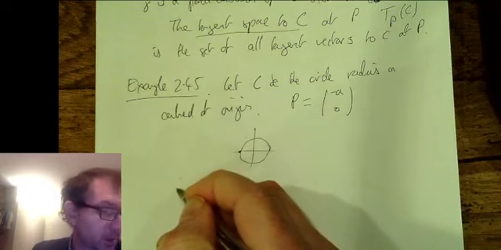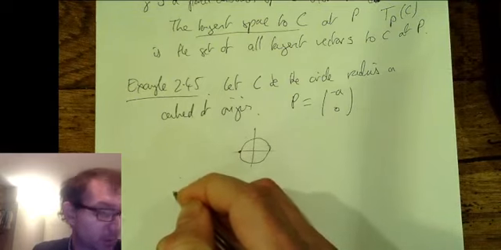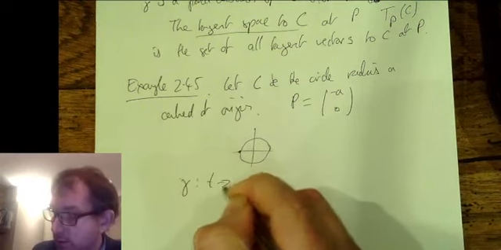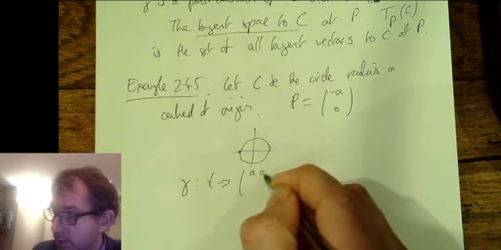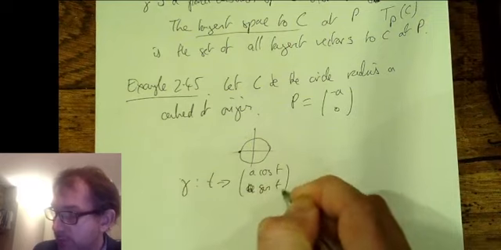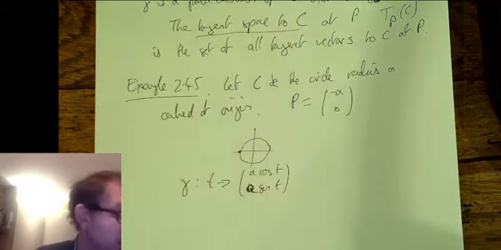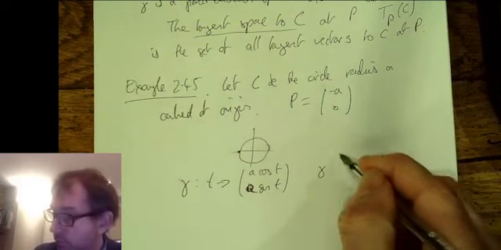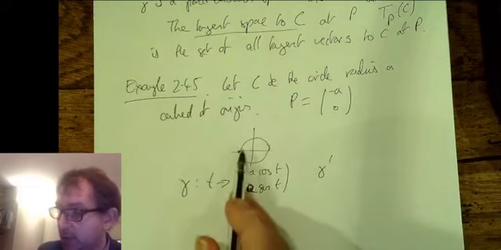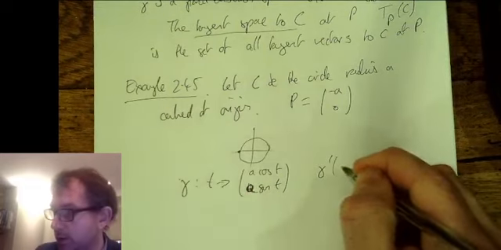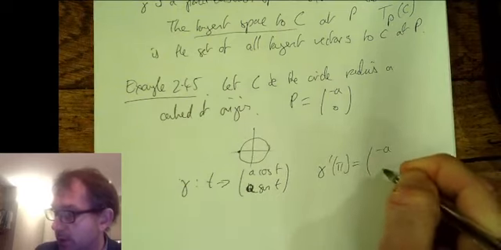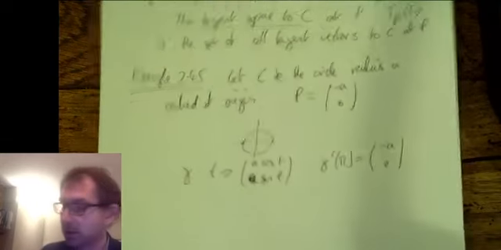Right, so we're going to take the parameterization that we had before. So gamma is going to be taking t to (a cos t, a sin t), as before, and we can see that the value of t0 in order to hit this point is going to want to be pi. So this gives us (-a, 0).